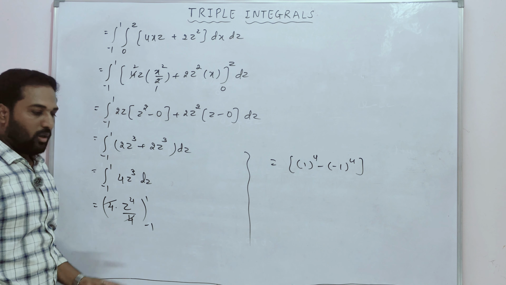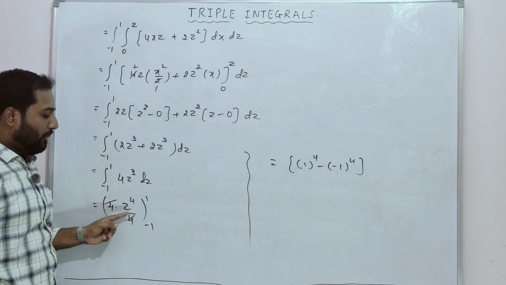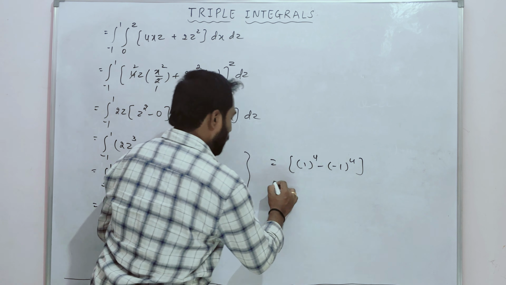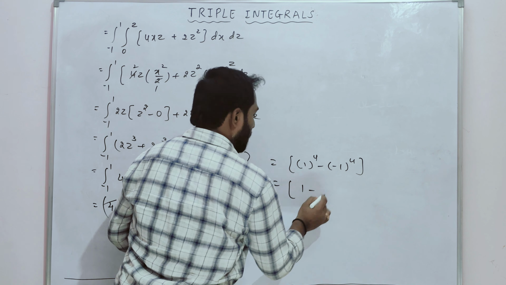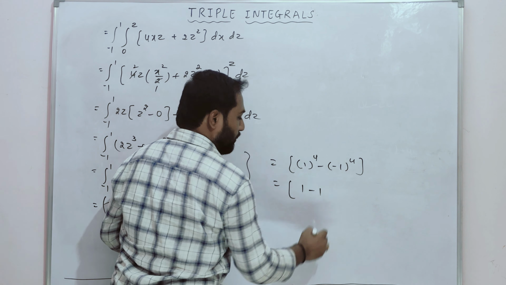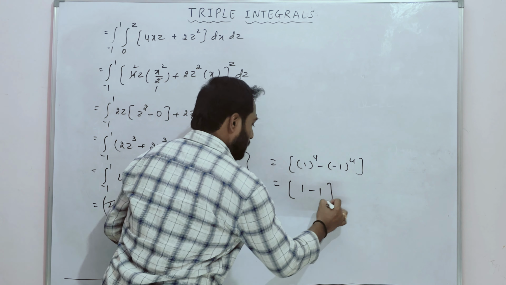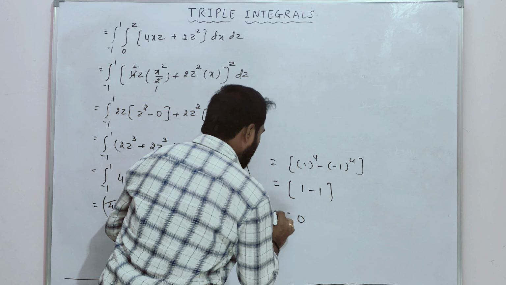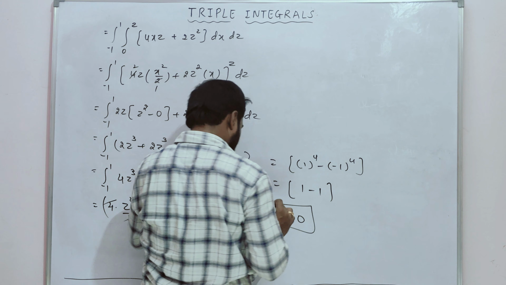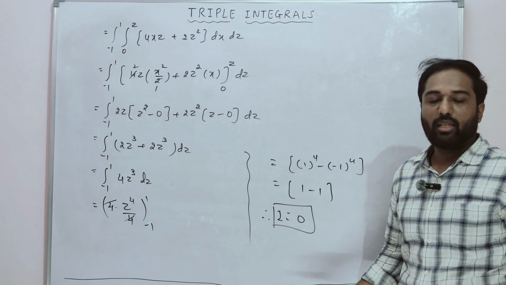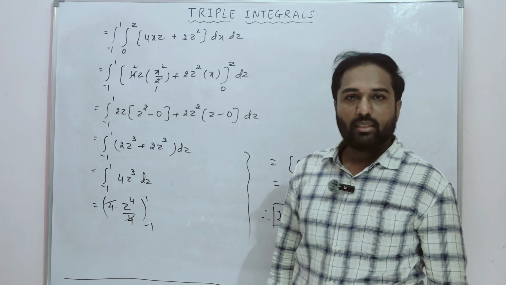Upper limit minus lower limit. So 1 to the power 4 minus of minus 1 to the power 4. What this becomes? 1 raised to 4 is 1, minus 1 raised to 4 is also 1. So therefore the integral value is 0 here. 1 minus 1 is 0.